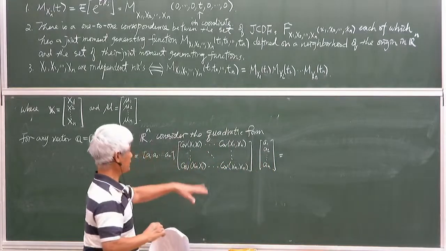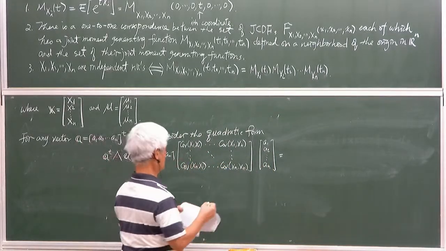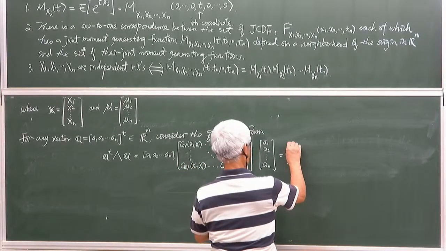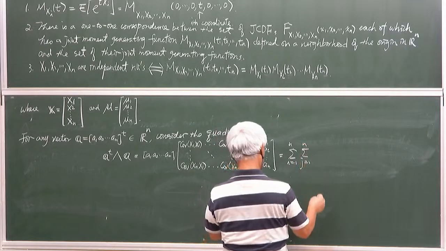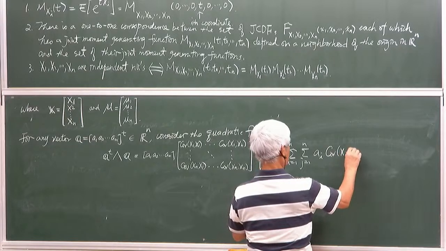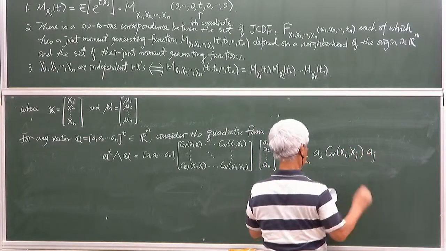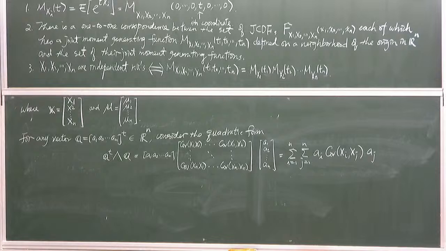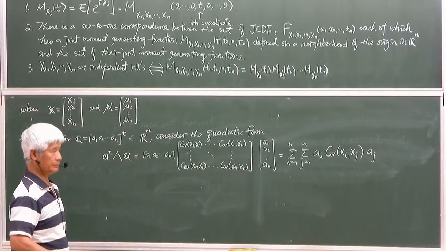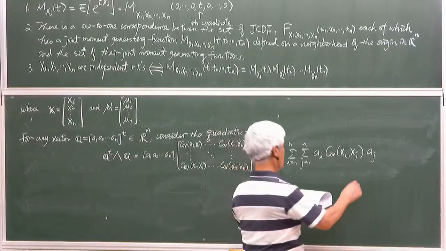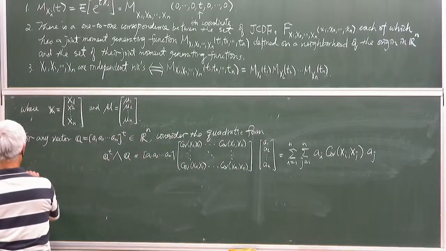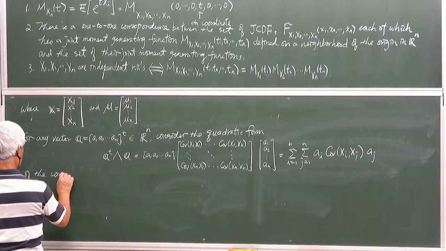All right, so when we multiply out, this is the quadratic form of the lambda matrix. So this is the sum over i from 1 to n, j from 1 to n, of ai, covariance of xi, xj, and aj. Okay. Right, quadratic form is important in the study of linear algebra. So we have the quadratic form of the covariance matrix lambda.